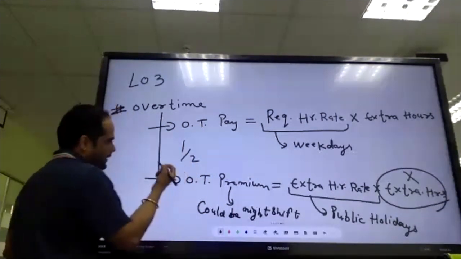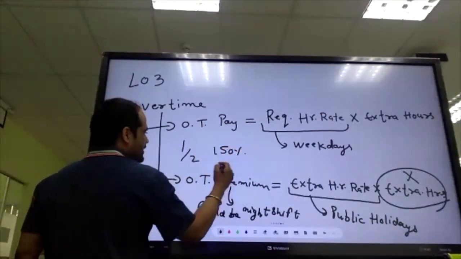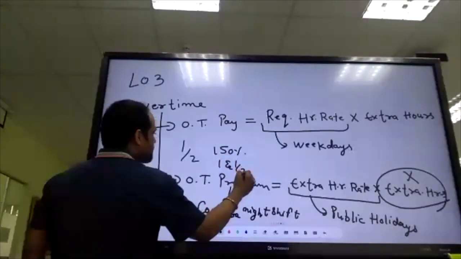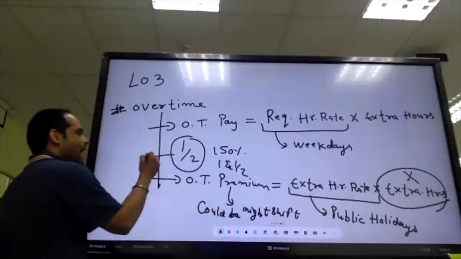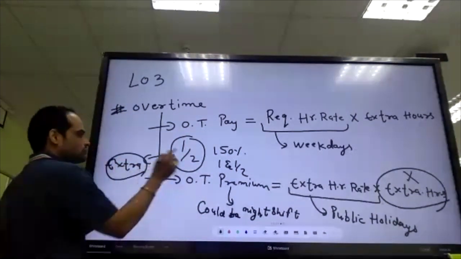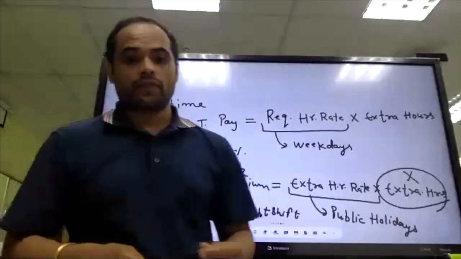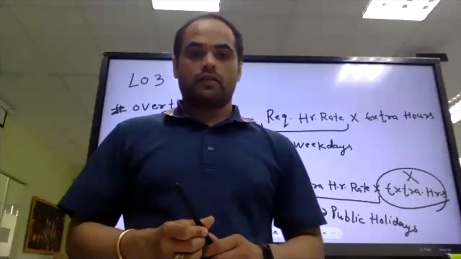It's 150, so it's 1.5. Maybe I said half extra, so it becomes 100 and the total becomes 150.